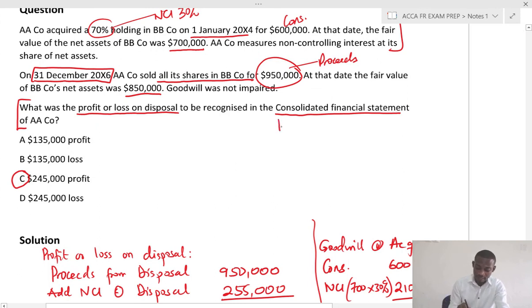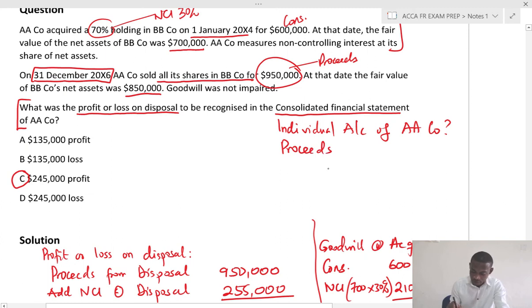Now, just a quick knowledge to add to this gain or loss. If it were the individual account of AA Co, the calculation of the profit or loss would have been different. How? It is basically the proceeds less cost of investment, and the cost of investment is the consideration paid at acquisition.